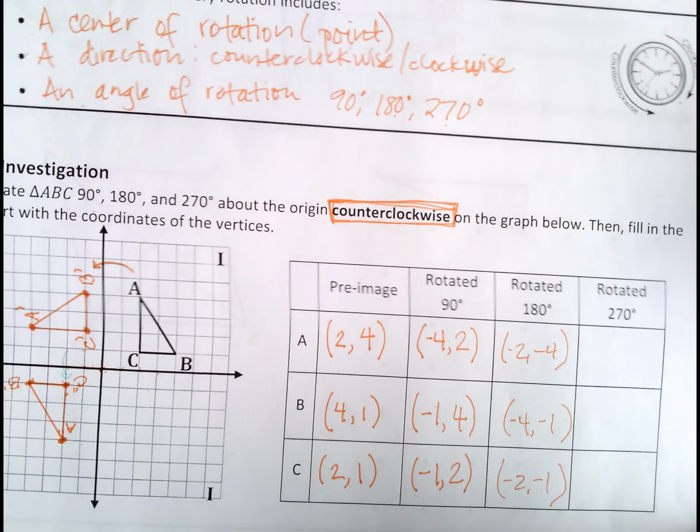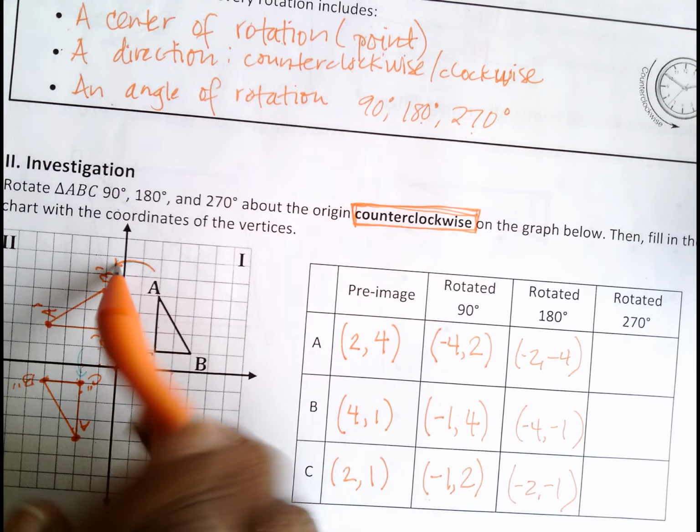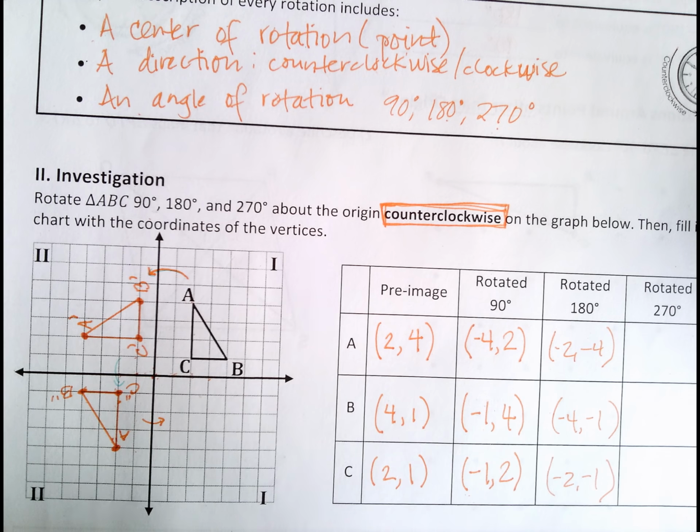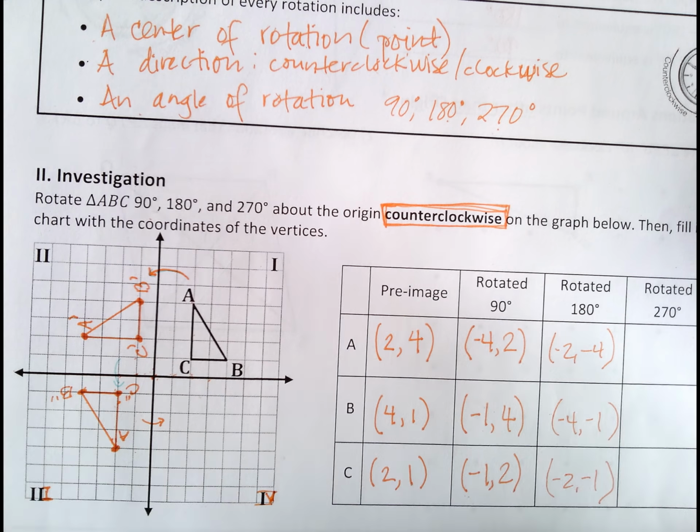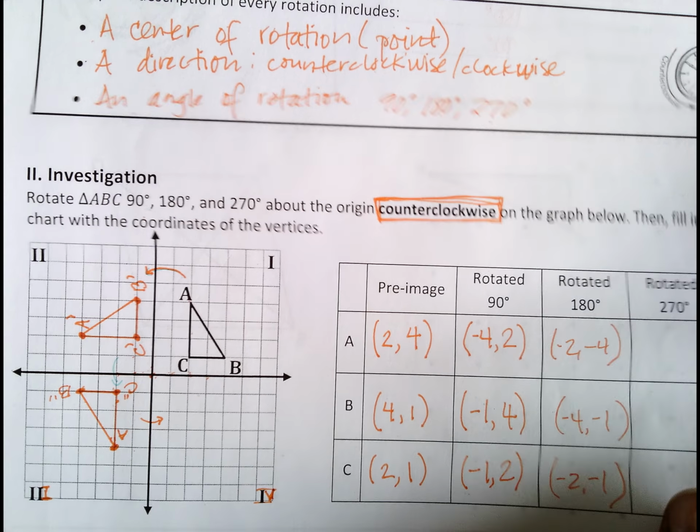So, if we're going to do 3 turns, that means 1, 2, 3 turns, and we're going to end up somewhere in the 4th quadrant, okay? So this should say 4, and this should be 3. Alrighty. So, like I did before, I know I want to end up over here, so I'm going to turn 1.